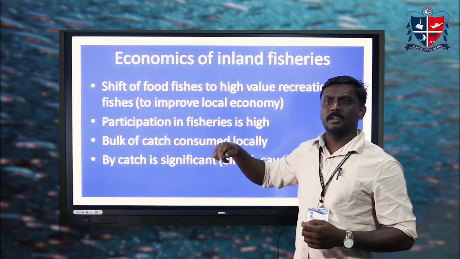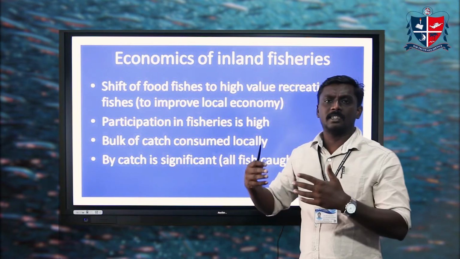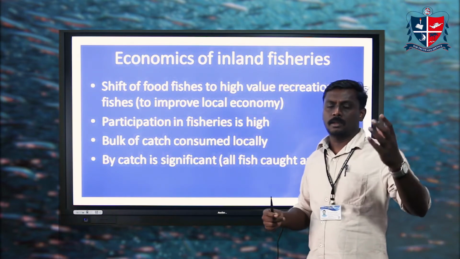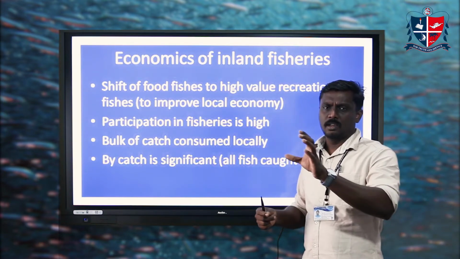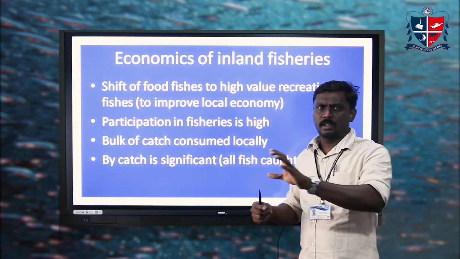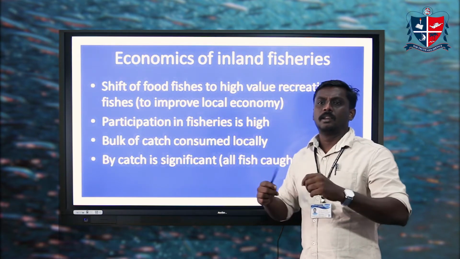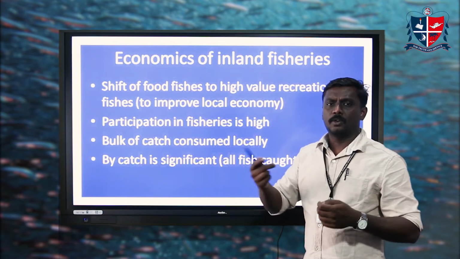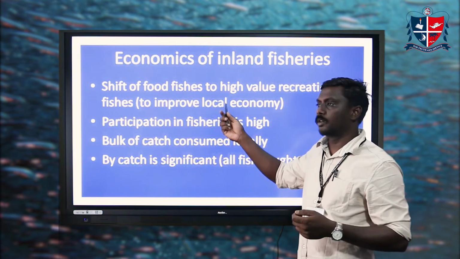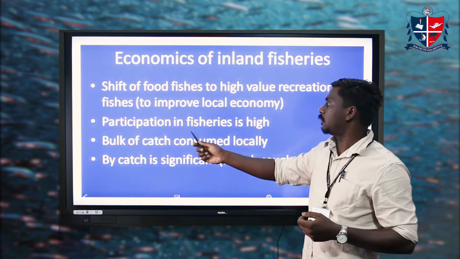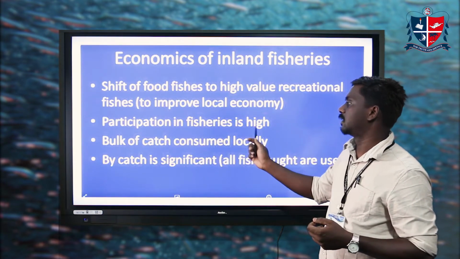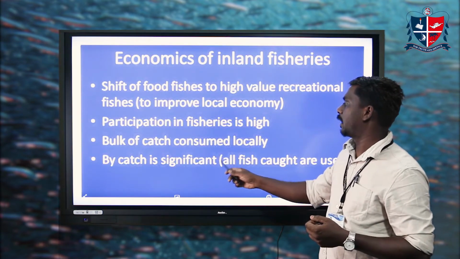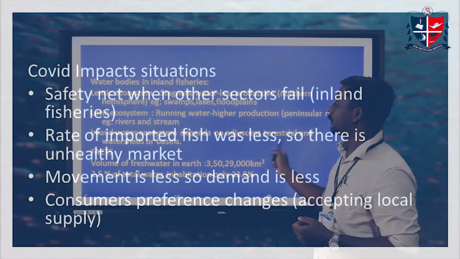So these inland fisheries are also used for recreational purposes. In the early era, before our independence, there were snow trout, which could be put into the inland cold water, and the foreigners or the British used to catch this fish for recreational purposes. In that area also the inland sector contributed. Then participation in inland fisheries is high, the bulk of the catch is consumed locally, and bycatch is also significant.